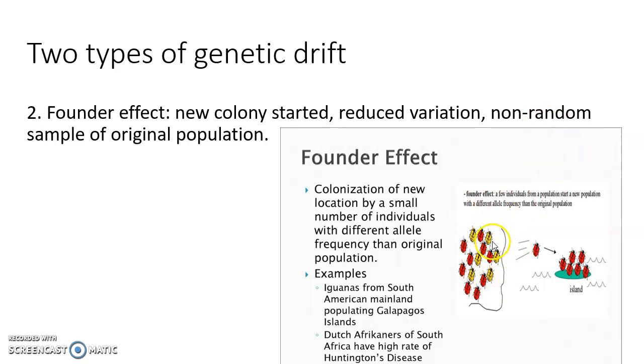Down here, we have some red ladybugs and some yellow ladybugs, but only one red ladybug travels to a new location. So now we have just red ladybugs on the island. Examples include iguanas from the South American mainland populating the Galapagos, so they're populating the islands.